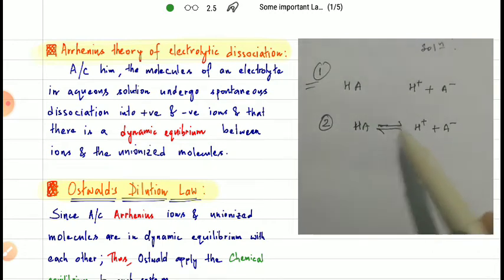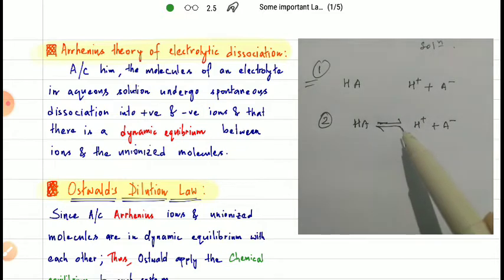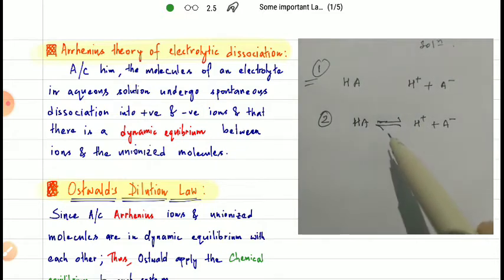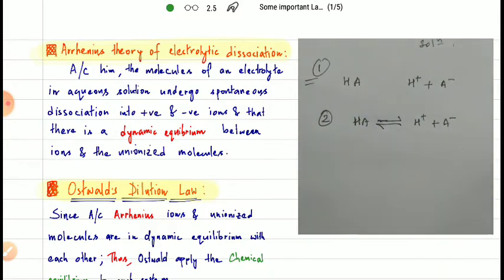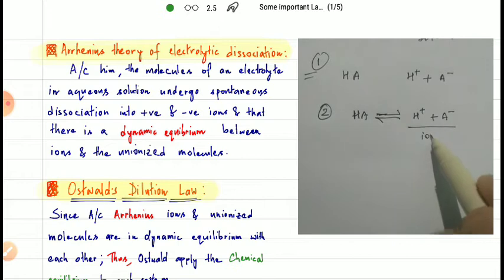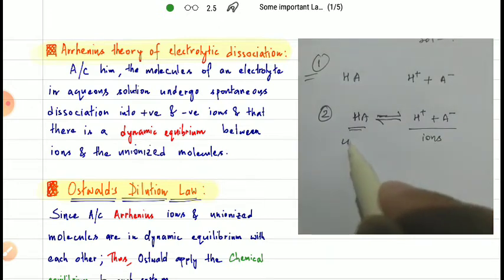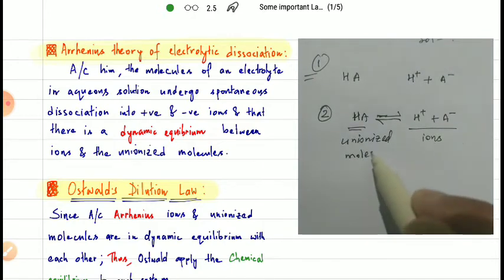After some time, a point will be reached where the forward reaction rate is equal to the backward reaction rate. That means equilibrium is established. So there will be a dynamic equilibrium between the ions and the unionized molecules.